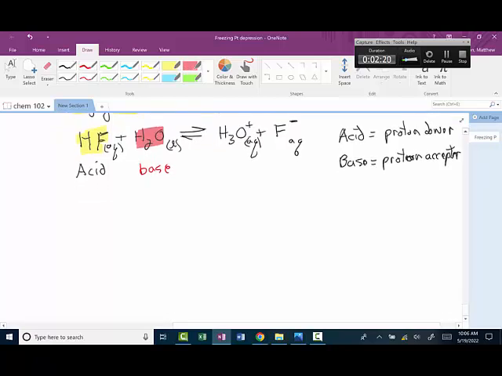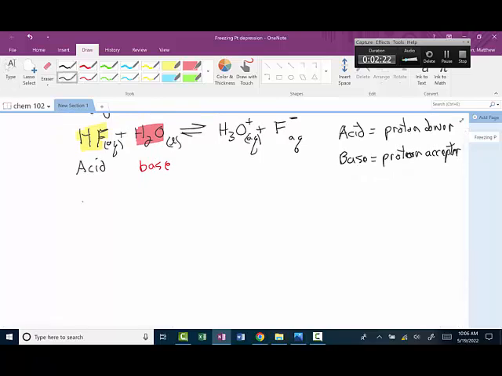Now if I write the reaction backwards, which I can do, F minus plus H3O plus yields HF plus H2O. In this case, the F minus was the base because it accepted a proton from the H3O plus, which was the acid.